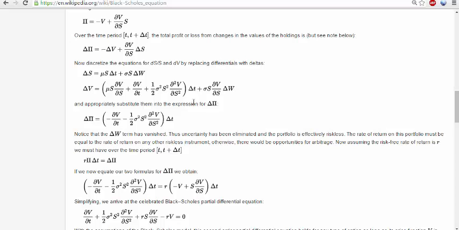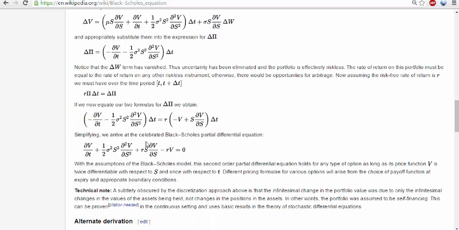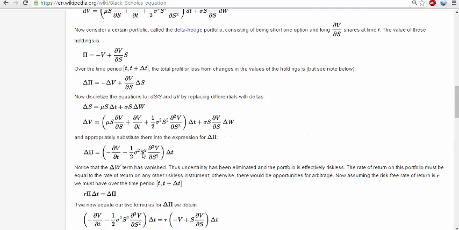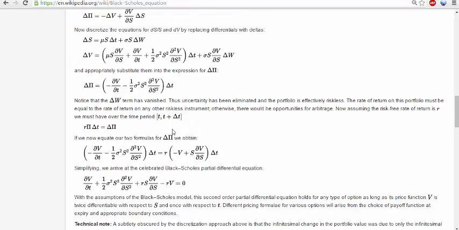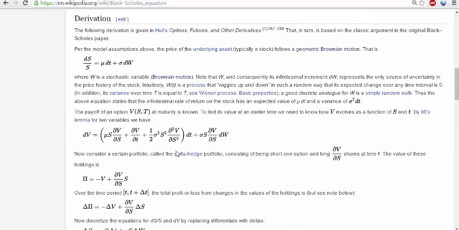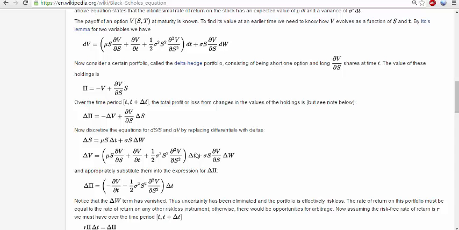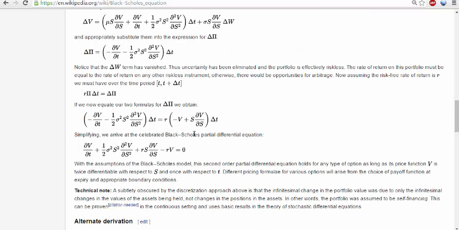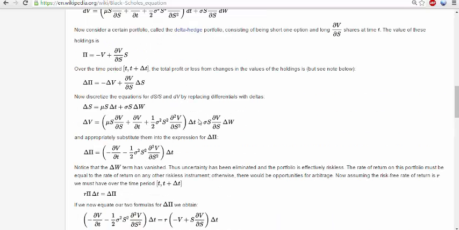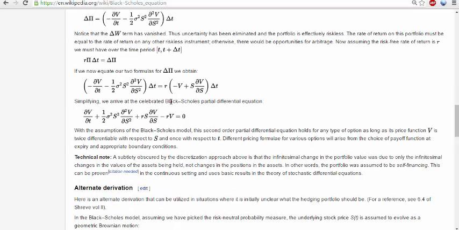So if we put this here on the top, or if we take dV/dS, we will find out that this thing would vanish, and when we equate the two formulas for the same delta Π, which is this equation and this equation, both of the sides would have this term which I am pointing out through the mouse, and that would vanish, and we'll get the final equation that is devoid of, or which does not have, the dW term.